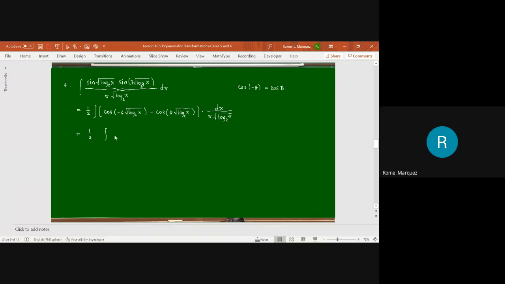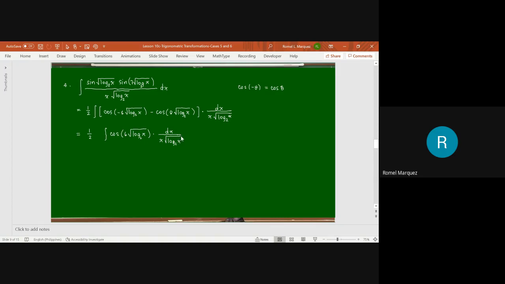Integral of cosine of 6 square root of log of x to the base 2, times, so I have to have here dx over x square root of log to the base 2 of x.